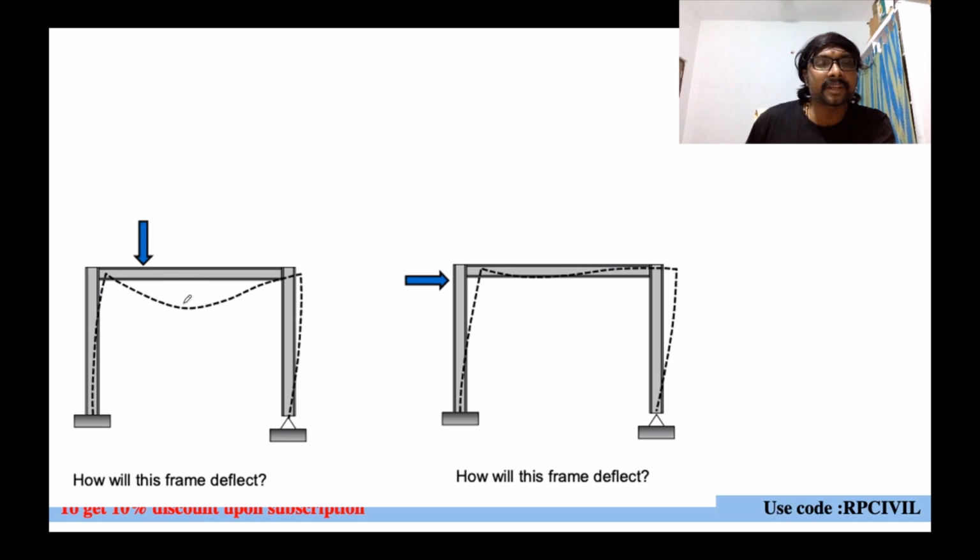Vertical deformations are higher and the curve will be spread over the horizontal plane. And here when you are applying this horizontal load, horizontal deformations are higher compared to vertical deformations, right? Here how much vertical deformation? Very, very small now. But horizontal deformations are larger. So the curve will be spread over the vertical direction like that. So always the curve will be spread in the perpendicular direction of the load action.